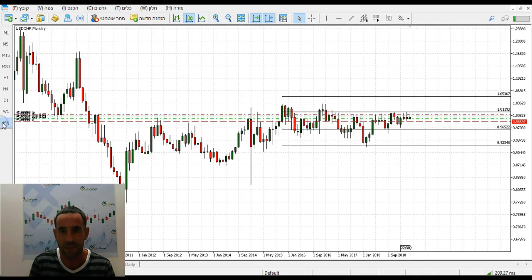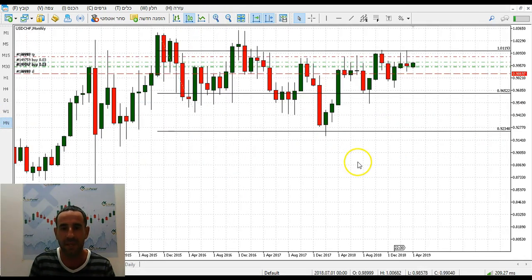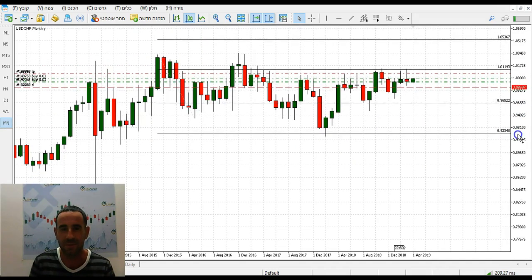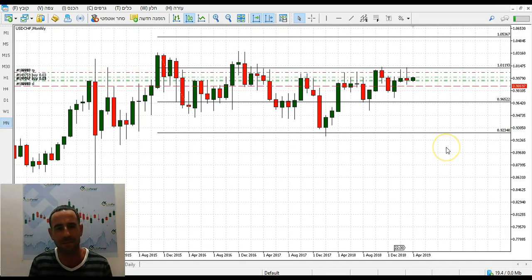So yes, you need the monthly chart. That's where this setup is coming from. This is a massive trading range. You can see how far back in time it goes. I can track this one all the way back to August 2015, guys. That's how old it is, a massive sideways movement.